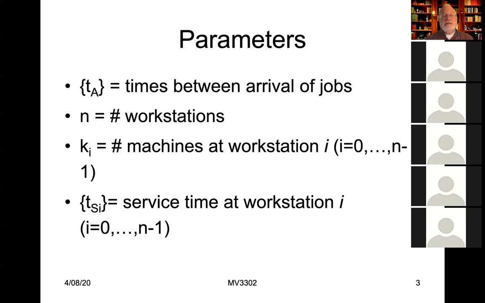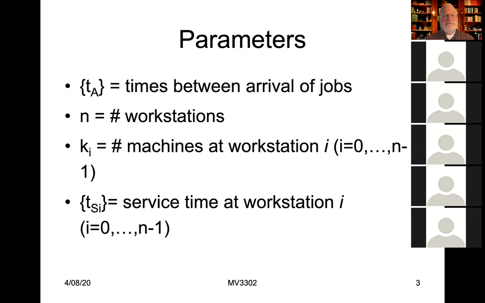The idea in parameterizing a model is that instead of having to write a separate model for 2 and 3 and 4 and 5 stations, by making it a parameter, the same model template, if you will, can work for any number of workstations.